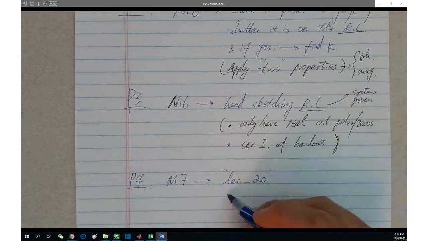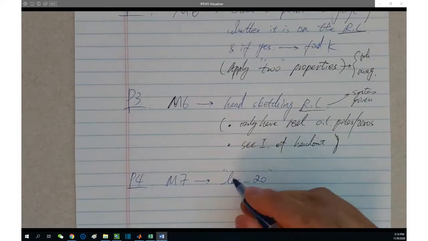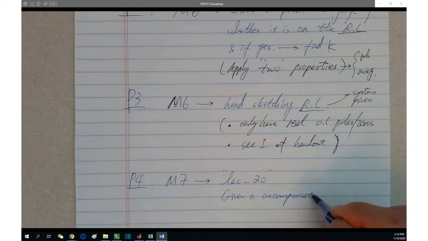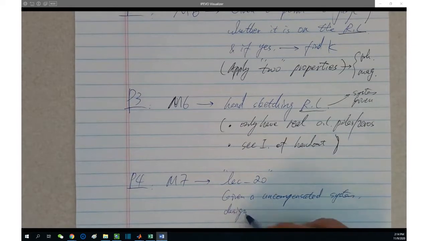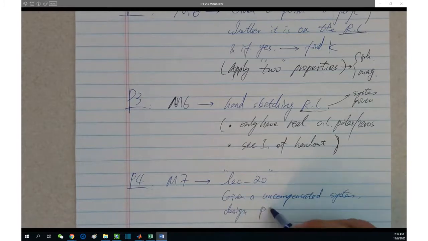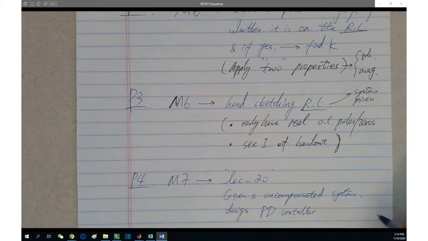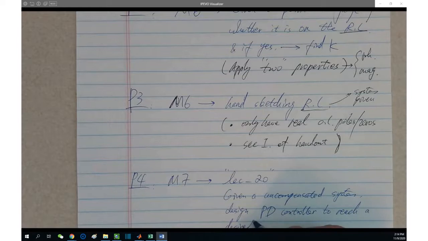It's actually doing uncompensated system design, a PD controller to reach a desired pair of dominant poles.